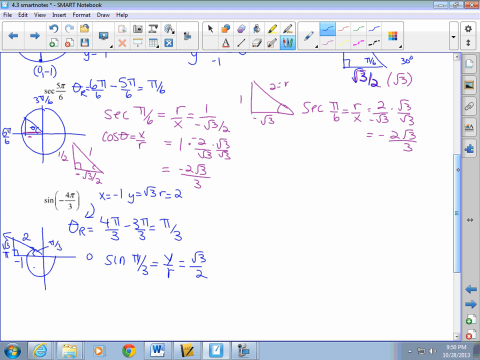I'm just going to draw your other special triangles here. The other special triangle in our fraction state. So for the 45, 45, 90, or pi over 4, pi over 4, this was 1, 1, square root 2.